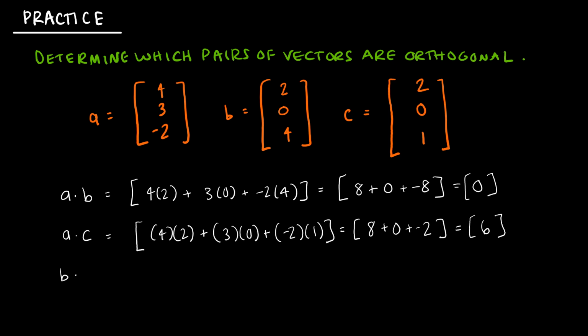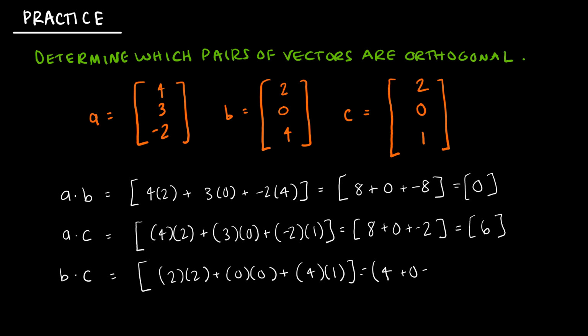And last but not least, B, C. B, C would be 2 times 2 plus 0 times 0 plus 4 times 1, which gives me 4 plus 0 plus 4. And that obviously is 8, and that is not 0, so B, C are not orthogonal.